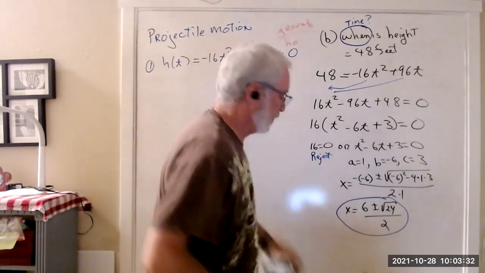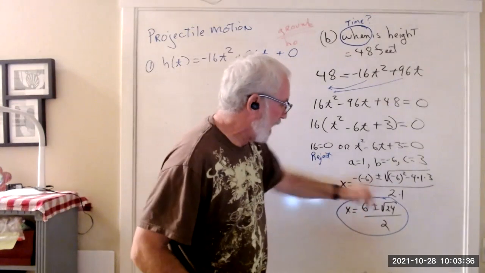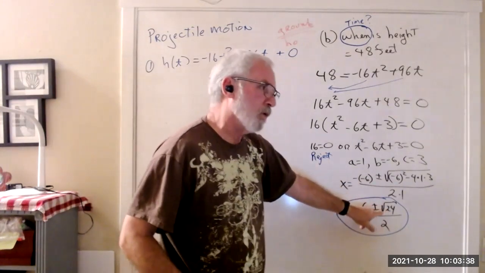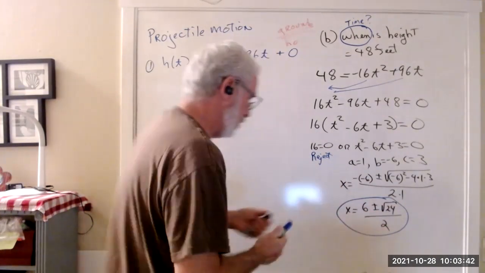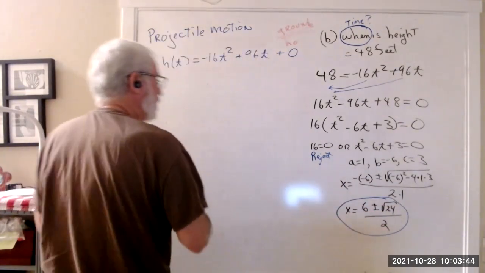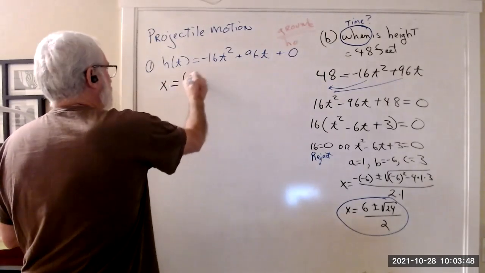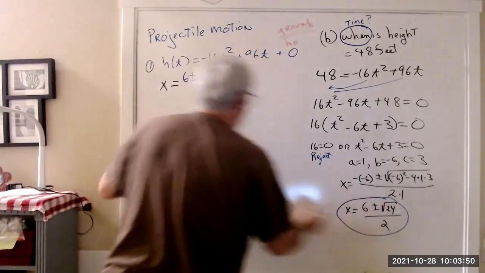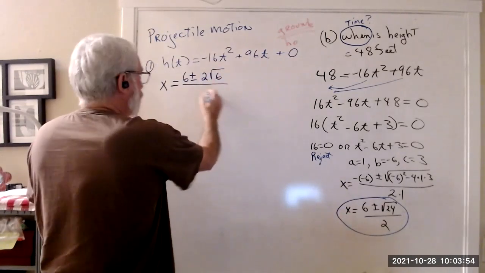So far, when we've been solving these, I've been asking you to always simplify your square roots. So back here, we have x equals 6 plus or minus the square root of 24, which is 2 radical 6, over 2.